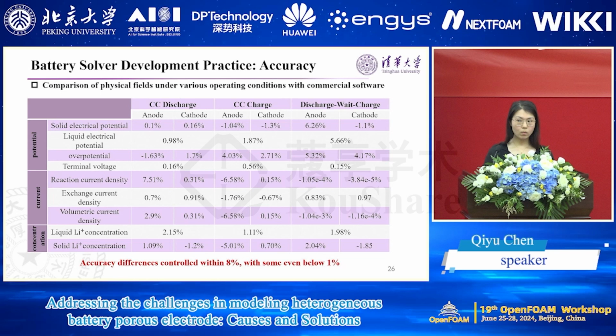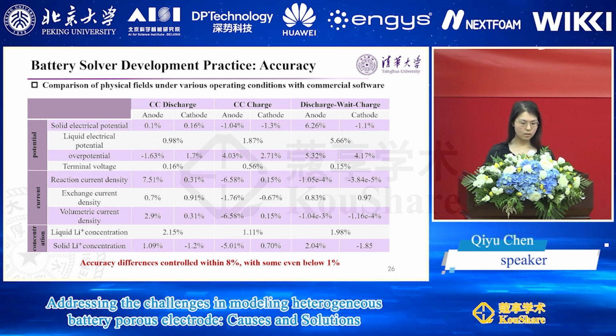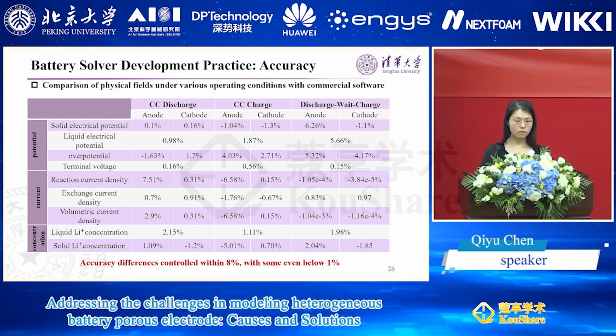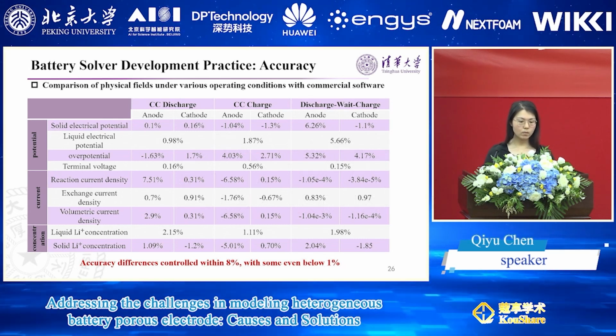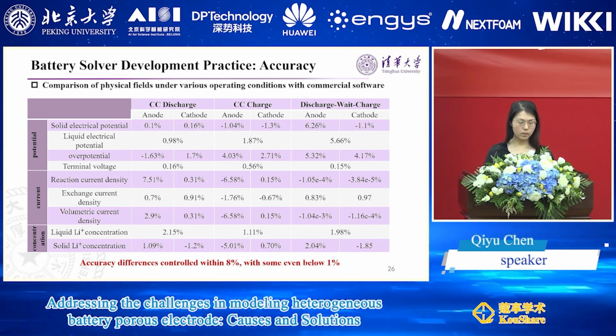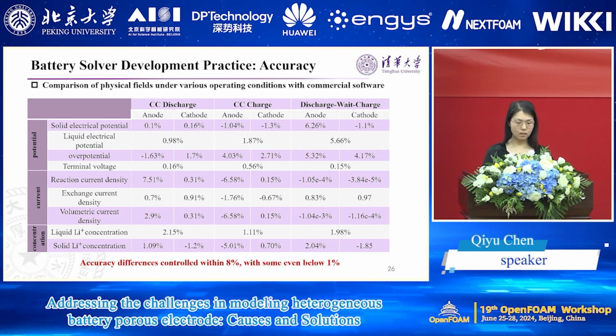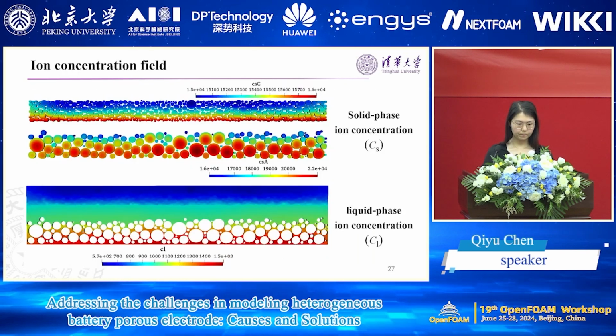We compare our simulation of the OpenFOAM results with the commercial software COMSOL under various operating conditions. We can see accuracy differences controlled within 18%, and some fields can even be below 1%.